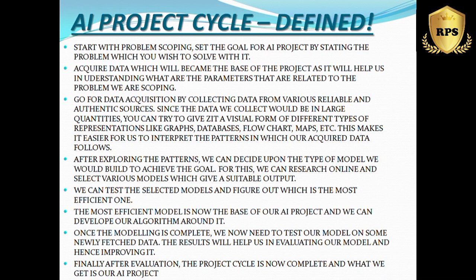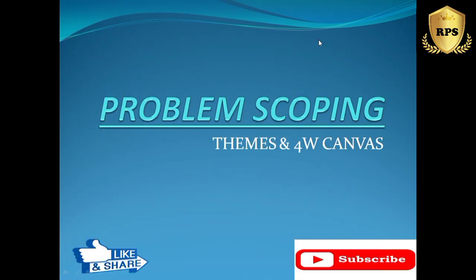The result will help us in evaluating our model and hence improving it. Finally, after evaluation, the project cycle is complete. So what we get is our AI project cycle definition.